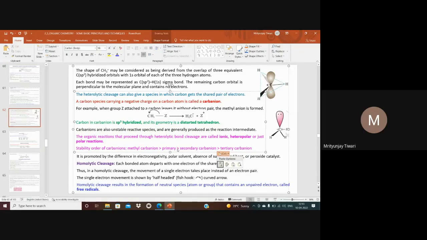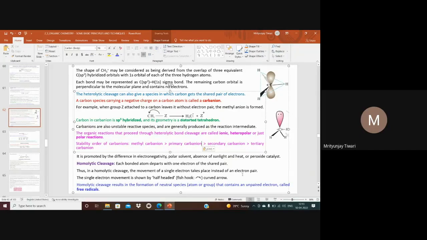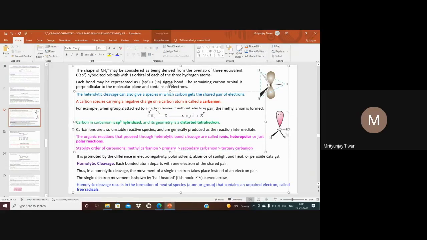And the examples you can see, I have added it here.